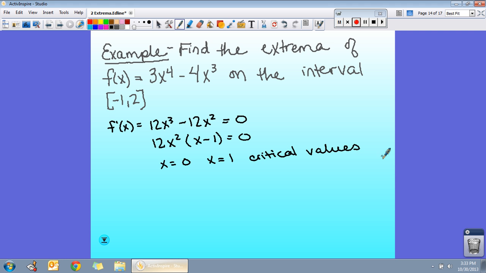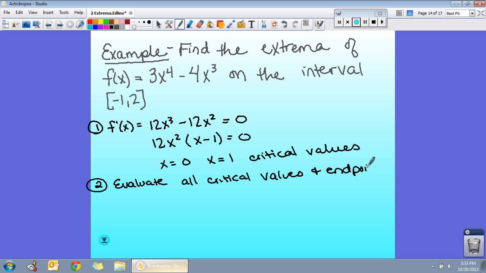Then what we need to do is evaluate, this was step 1 on our guidelines. The second step is going to be evaluate all critical values and endpoints in the original f of x.